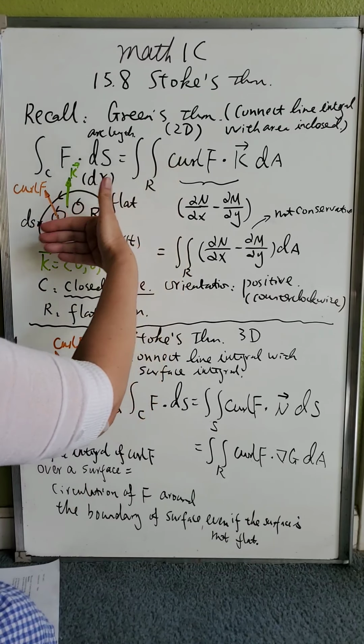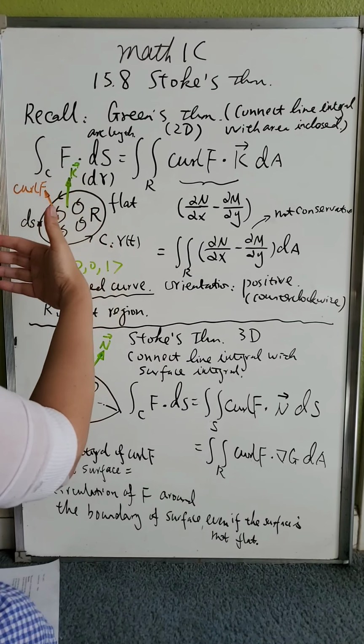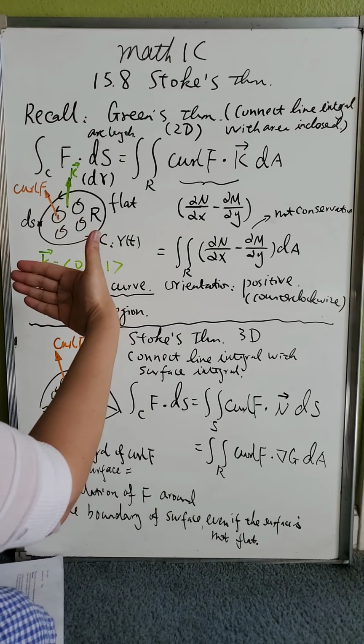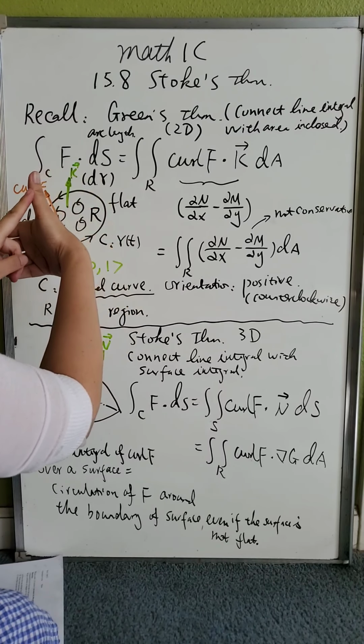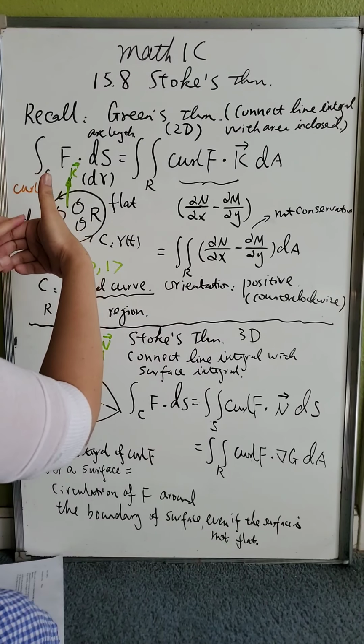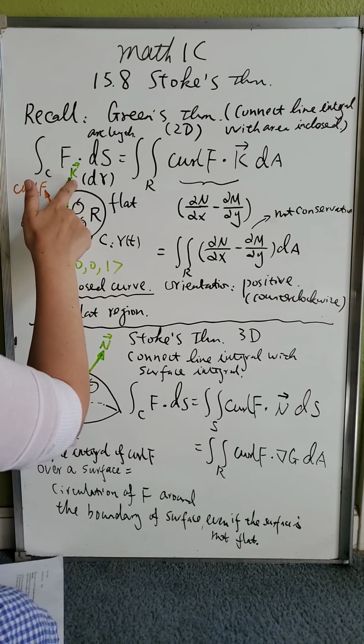So when you do your right-hand rule, make sure this indeed represents the direction of circulation, and this indeed represents the normal direction. In this case, the normal vector is k.